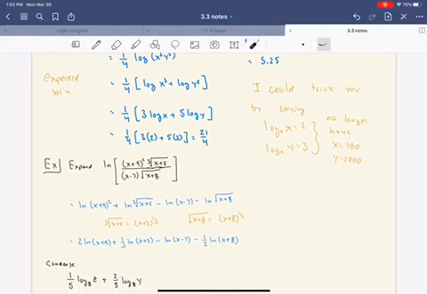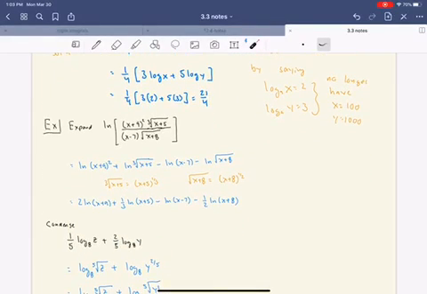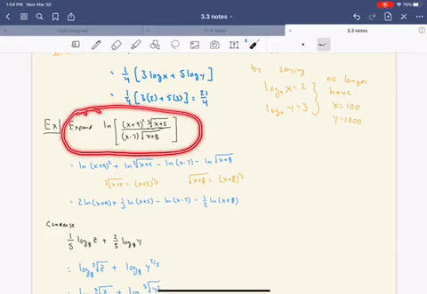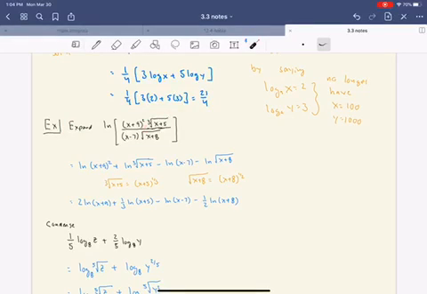Okay? Let's do another problem. We're going to expand this expression. Now, remember, when you multiply inside the logarithm, you add them. And when you divide, you subtract. So everything in the numerator gets added, and everything in the denominator gets a subtraction.